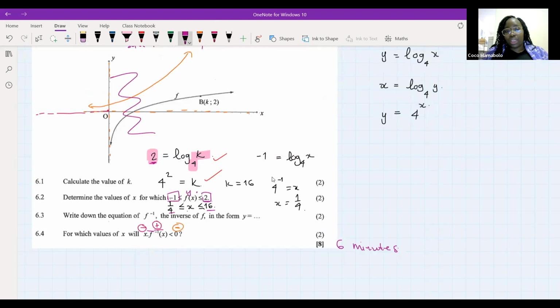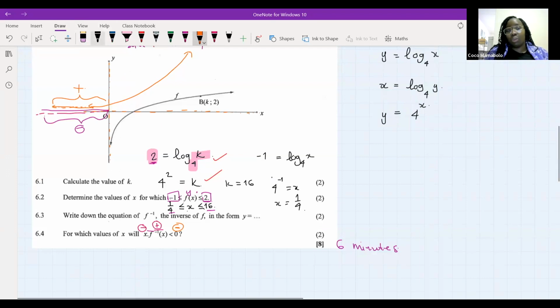The other part over here is where my inverse graph is positive, which is still up here, but my x values are negative, which would be these. All of these values for my x are negative, but my graph has an asymptote at 0, so it's always going to be positive on this side. And a positive up here and a negative over there is going to give us the negative that they want. So the x values we're actually looking for, we can say that x needs to be less than 0.